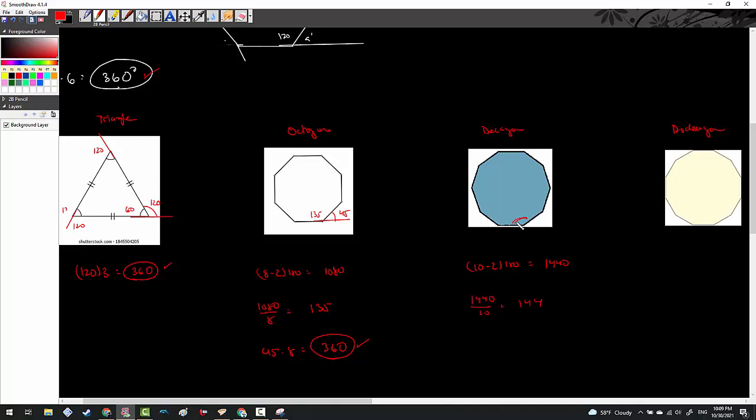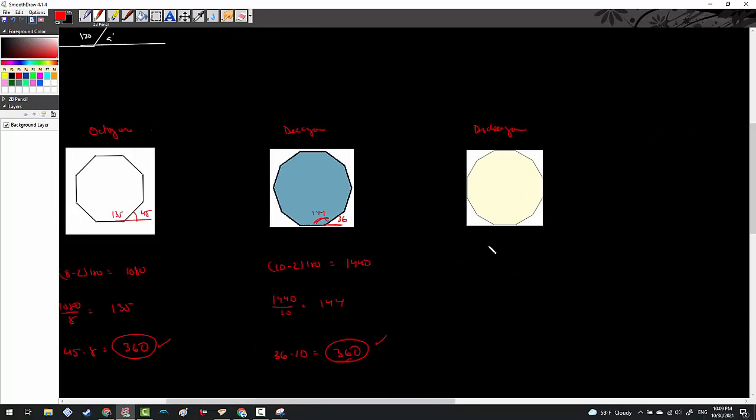So this angle right here is worth 144. Extending him out, if I subtract 144 from 180, that ends up being 36 degrees. Now, if I multiply that by 10, 36 times 10, well, interesting, that's 360 again. We keep seeing the same number show up here.